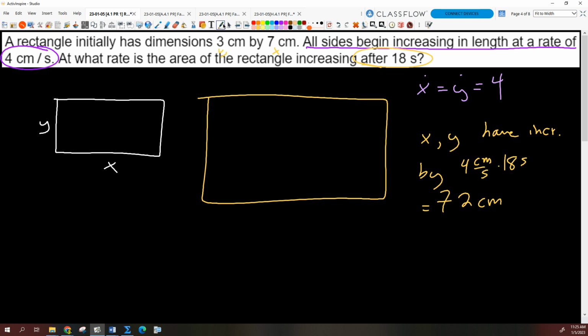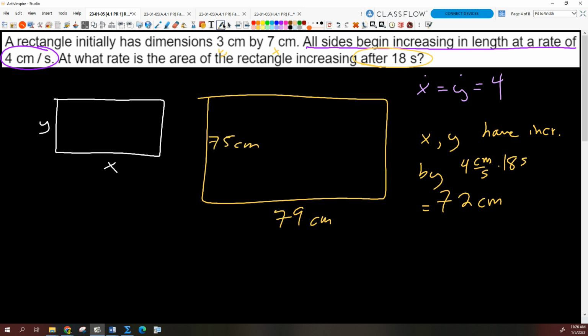So then what's the big dimension going to be? If it starts at 7? Oh, 79. 79, yeah. So here's our snapshot. That's 79 centimeters, and the small dimension would be 75.